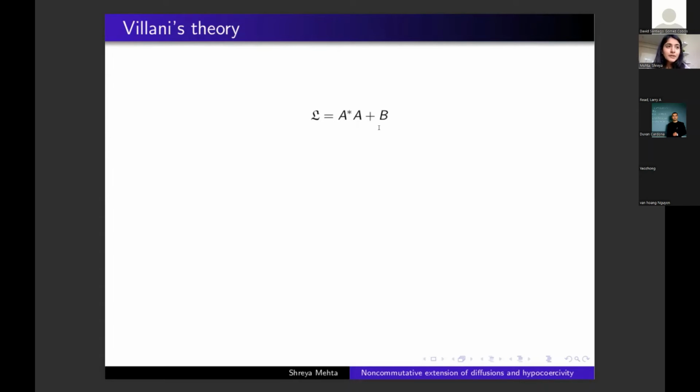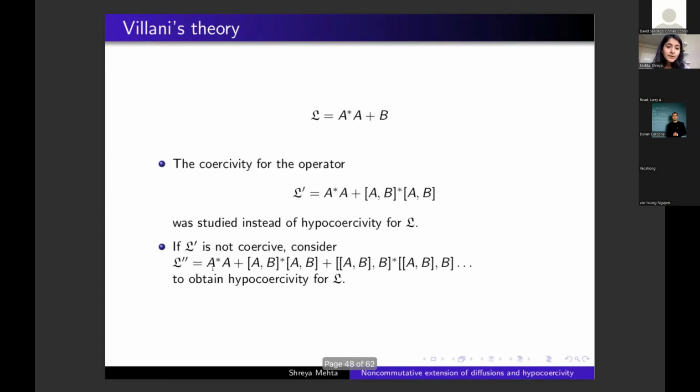So to prove the hypercoercivity of this operator L, we would prove the coercivity of the operator L', which is defined as A*A plus C*C, where C is the commutator of A and B, instead of the hypercoercivity for L. And if this L' is also not coercive, we can consider a further operator by extending the similar thing to obtain the hypercoercivity for this operator L.